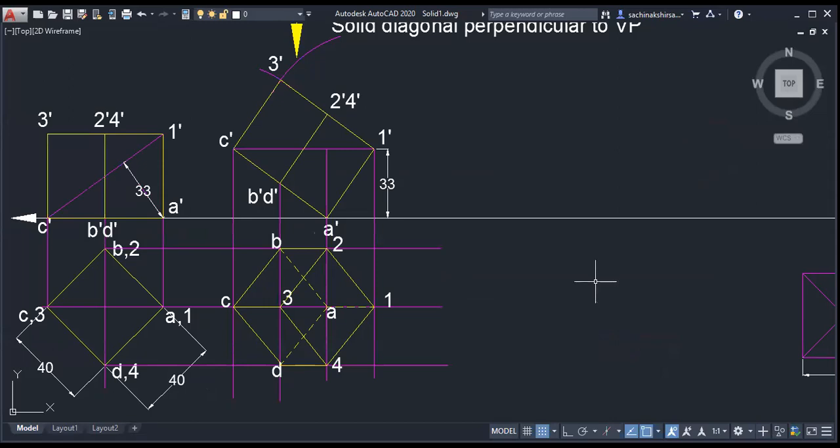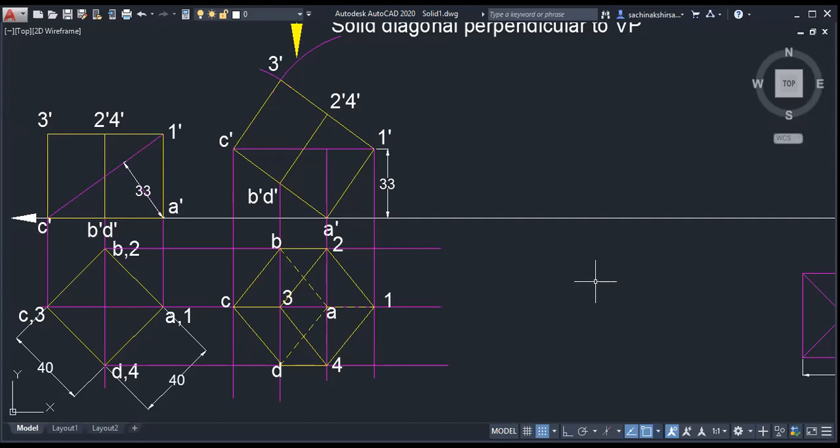Is your top view looking like this? Yes, sir.